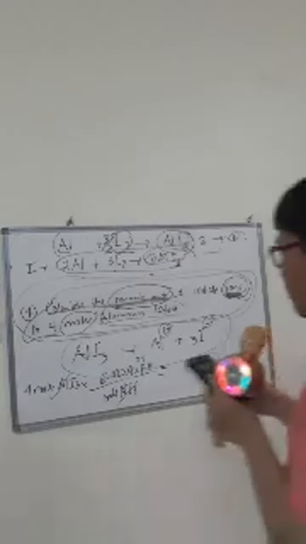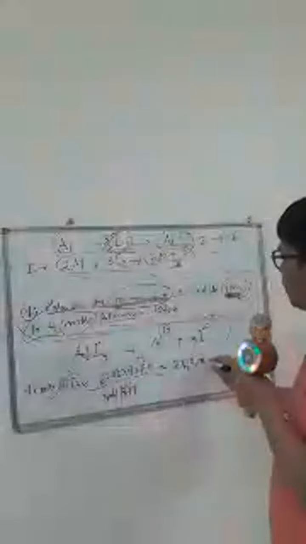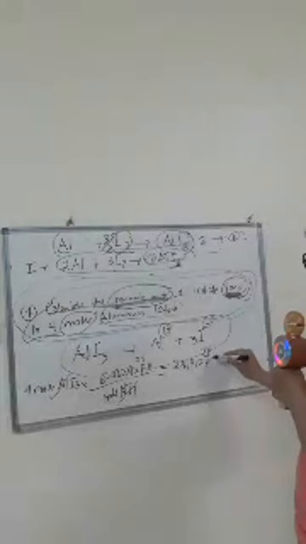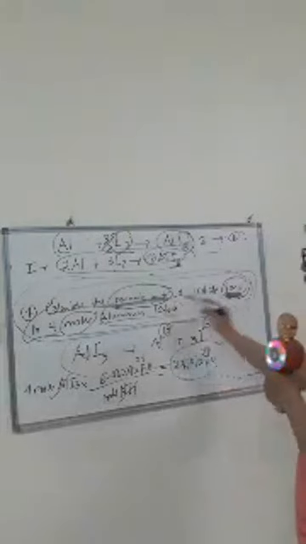Scientific calculator, please. 6.023 exponential 23 times 4 is equal to 2.41 times 10 to the exponential 24. This is formula units, or FU. You answer now the first question, formula units.